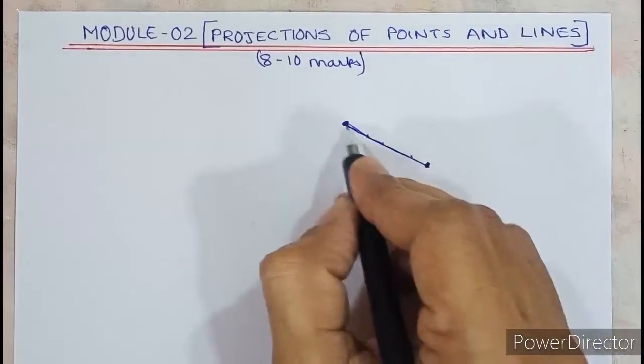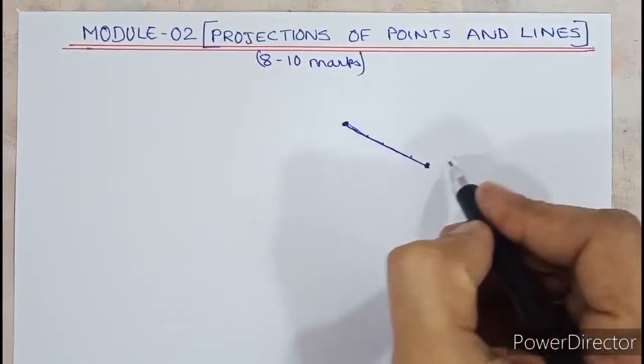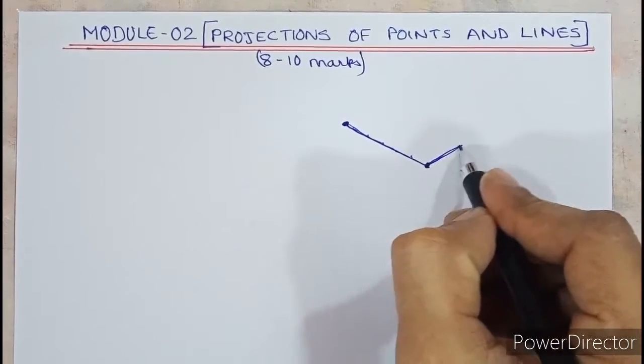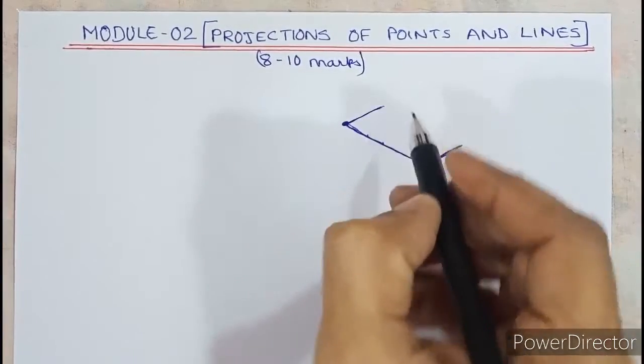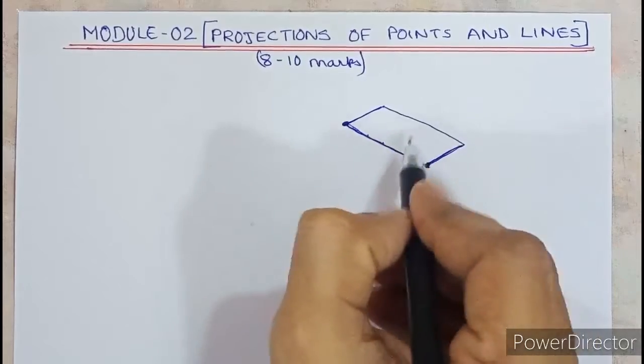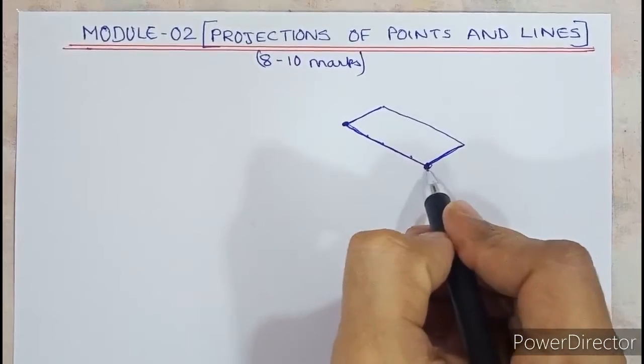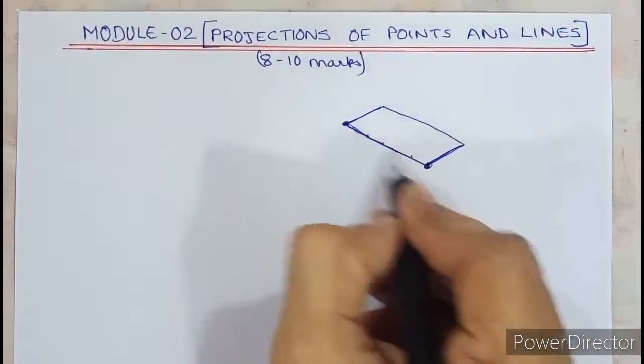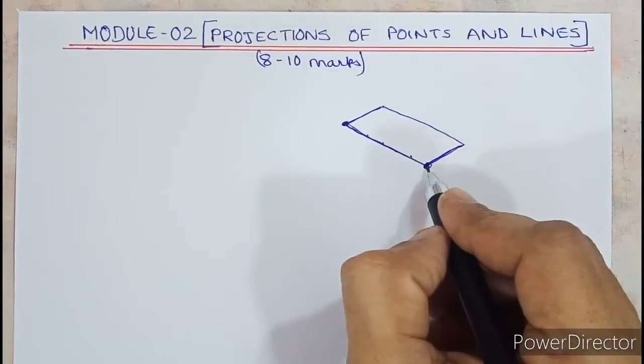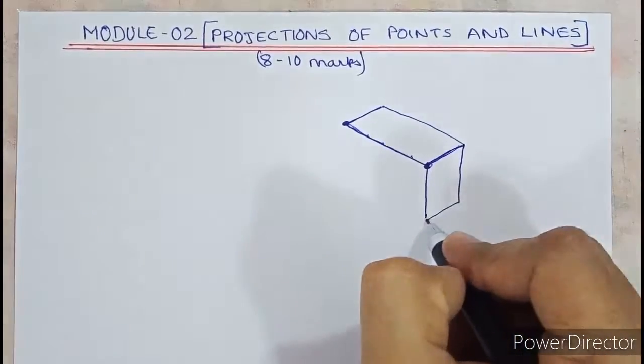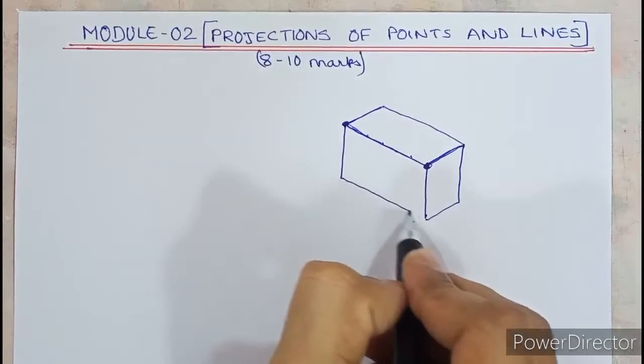After that, line comes into the picture. And if you make too many lines, then a surface is formed. So first comes the point, second comes the line, next comes the surface, and too many surfaces form an object.